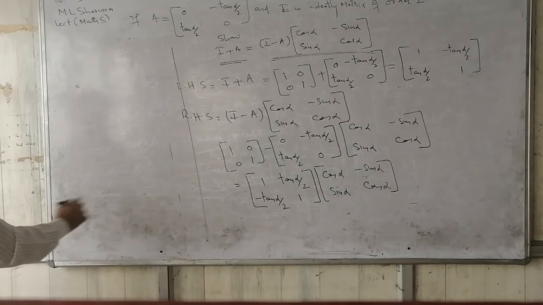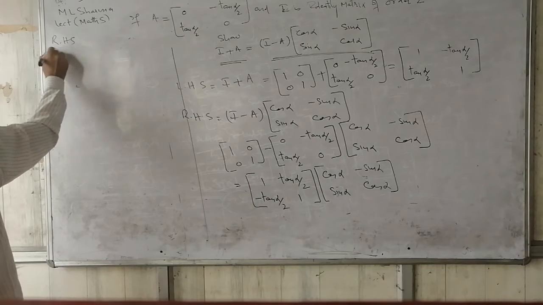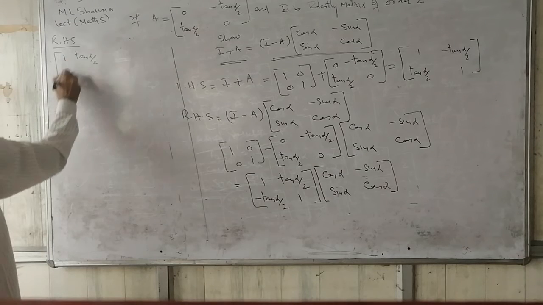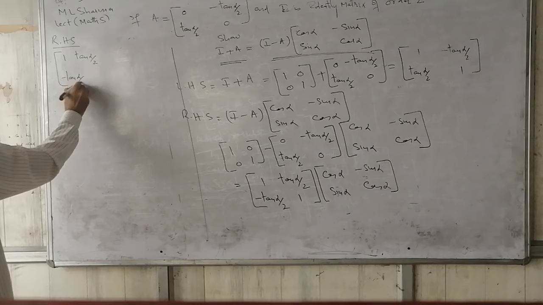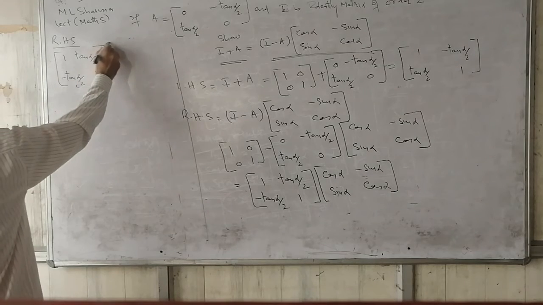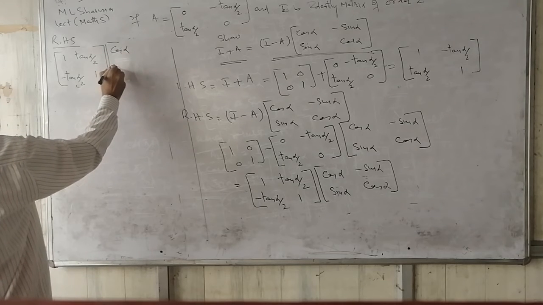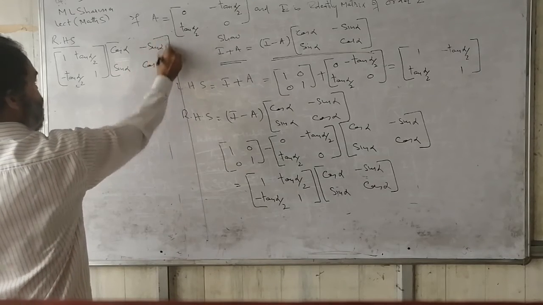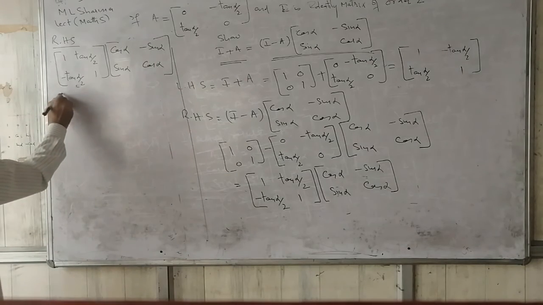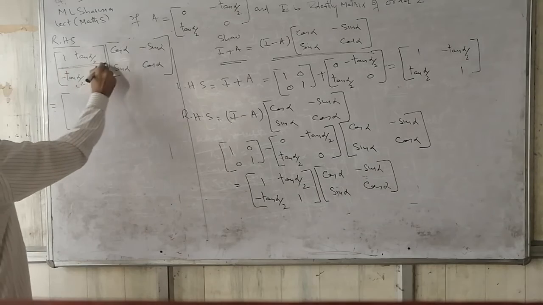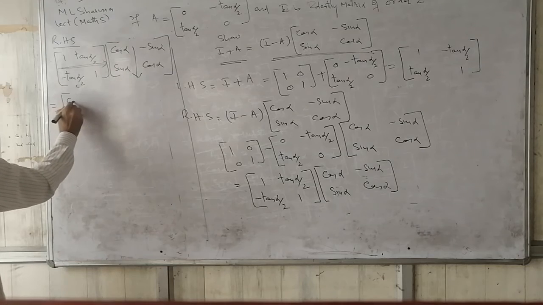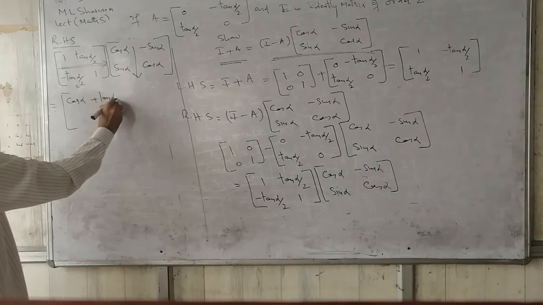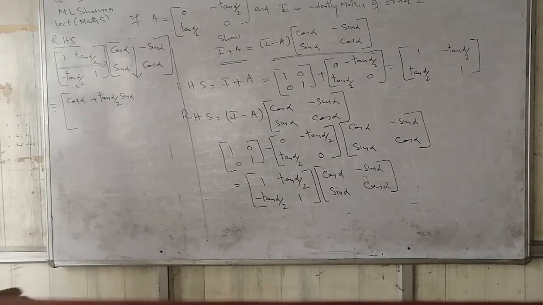So the first row by the first column: 1 multiplied with cos alpha will give cos alpha, then plus tangent alpha by 2 times sin alpha. So this will be the element.